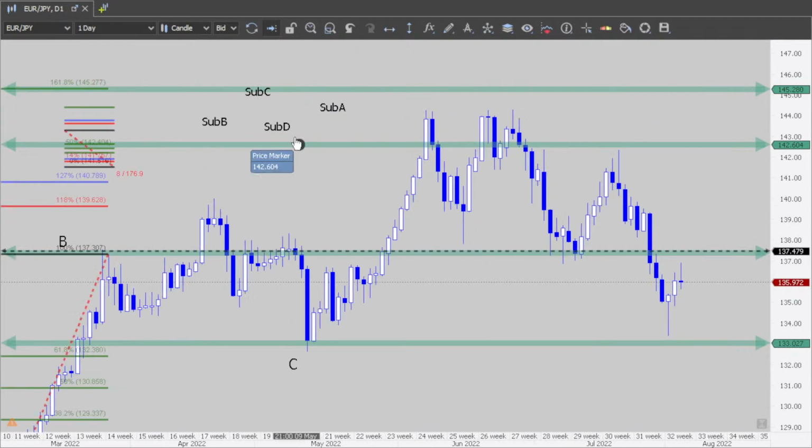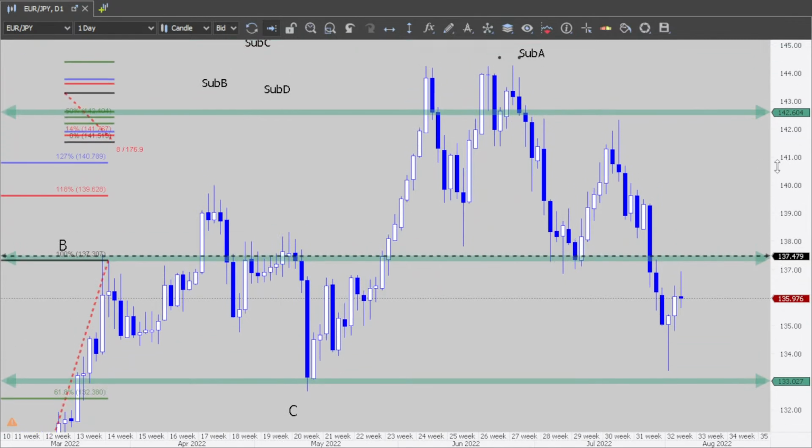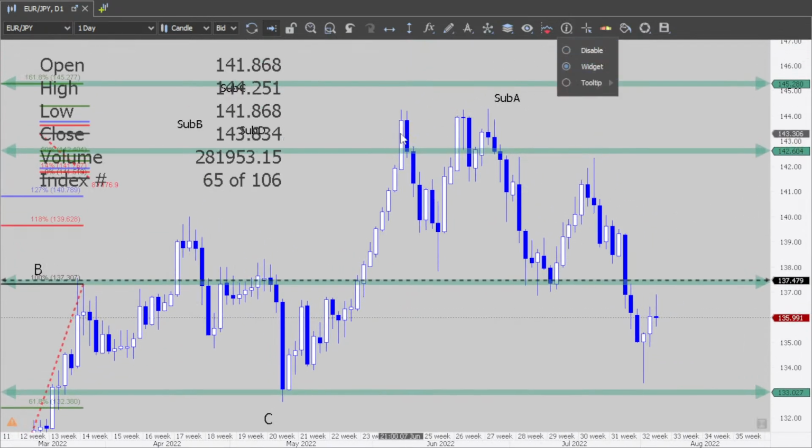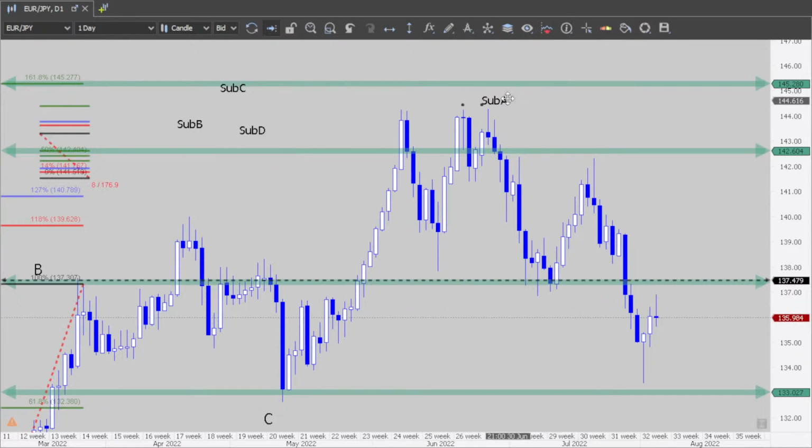So this is our sub A up in here, if we are not mistaken. Let's see which one is the highest high, right? This one is at 144251 and this is 14427. Okay, so great. This is our sub A.